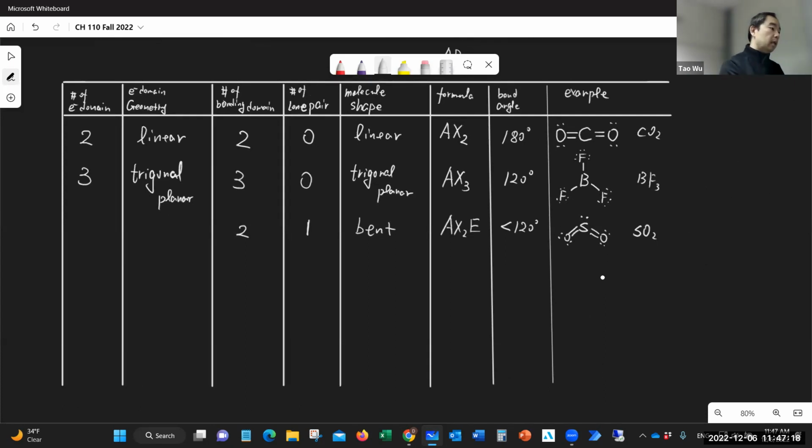And then let's talk about if we have 4 electron domains, the geometry will be tetrahedral. They have 4 electron domains. So if we have 4 bonding domains, no lone pairs, then the geometry of the molecule will be exactly the same, tetrahedral.